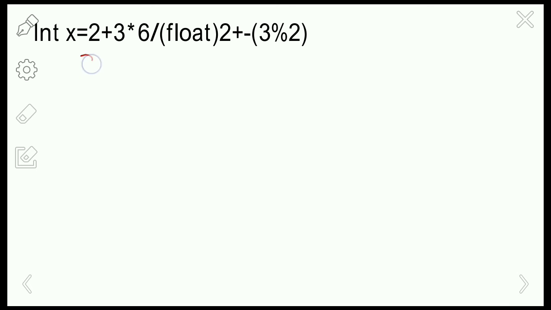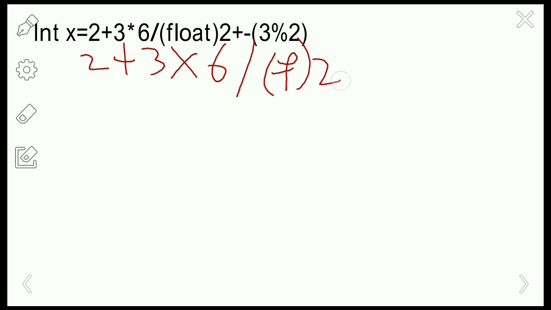So the expression is 2 plus 3 into 6 by float 2, plus minus of 3 % 2. Minus of 3 % 2: for the modulus operation we take the remainder, so the answer becomes 1, so minus of 1.